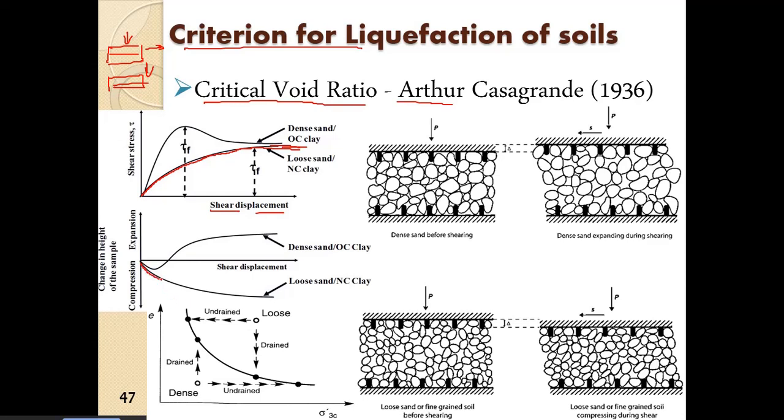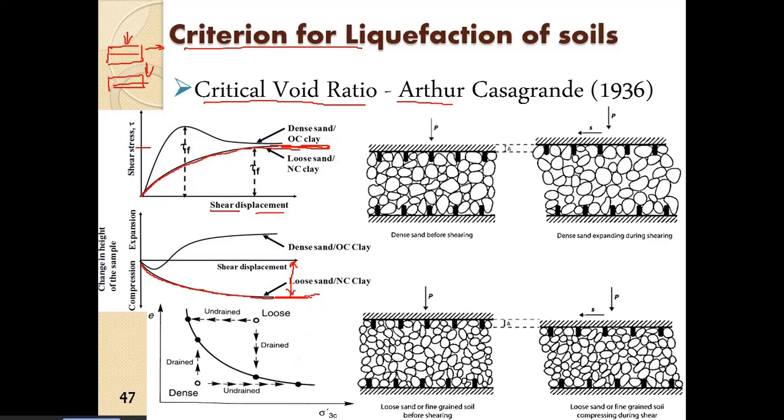So it will undergo compression, and then we will attain one steady state where there will be continuous deformation, and the shear stress required to cause the deformation will stabilize at that value, all right. So if this stress is applied continuously, there will be a continuous amount of displacement without any volume change.